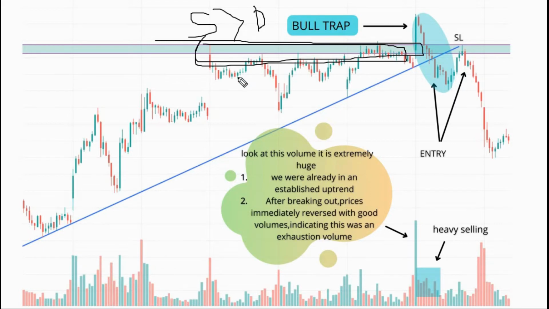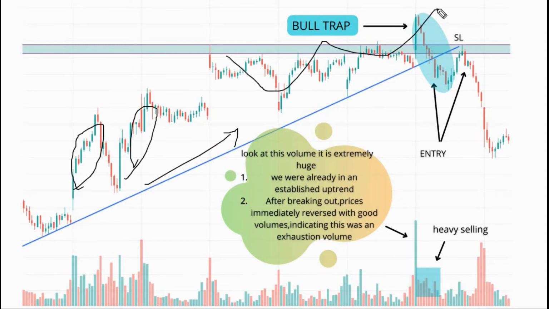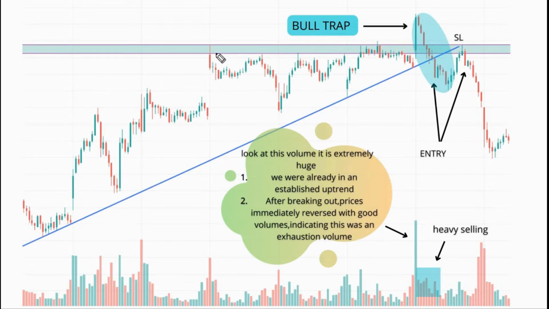Otherwise, if buyers are very strong, then what could have happened? Because we are in a very strong uptrend, prices should have continued their upward momentum, but prices are consolidating, and sellers are trying to push the prices towards the downside. But again, buyers are very strong, and they were defending the lower levels.